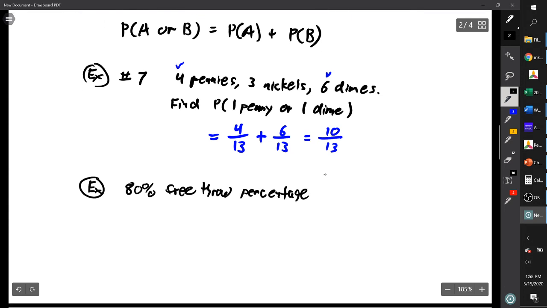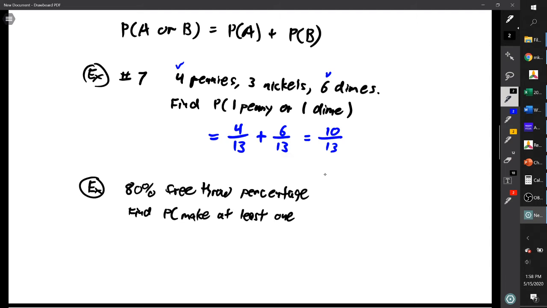And let's find P of make at least 1 of 2 attempts.